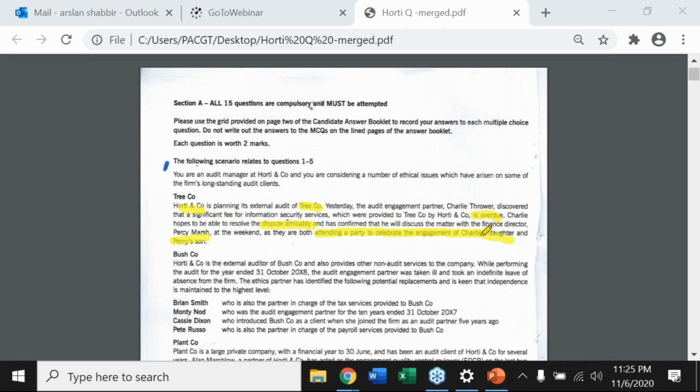Charlie's daughter is a member of the audit firm, and Percy's son is part of the audit client. So, how many threats are there? Please mention in the question box. I would be interested to know the names of the threats.